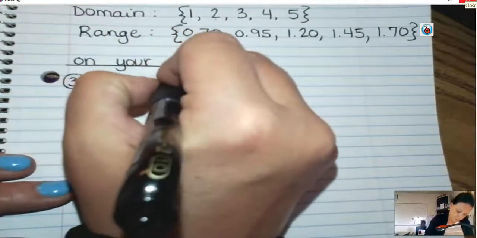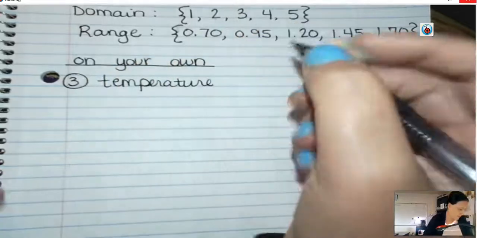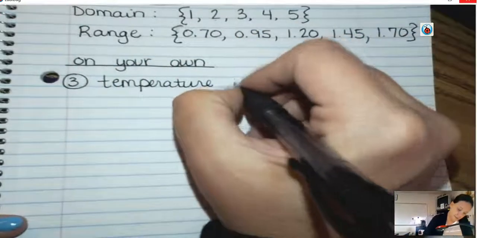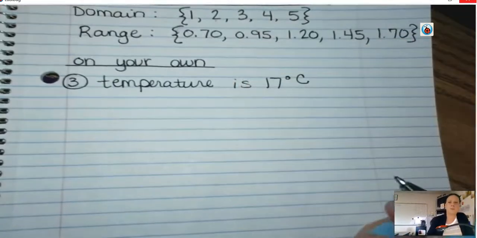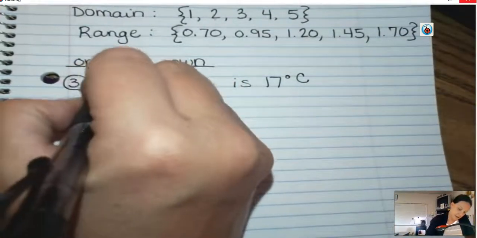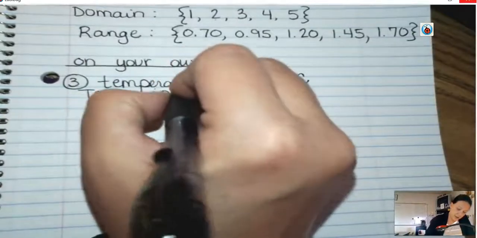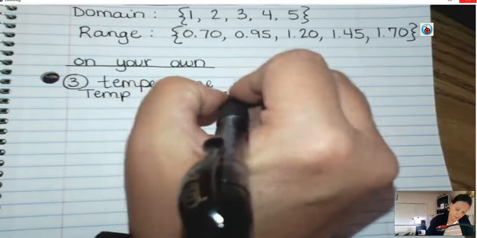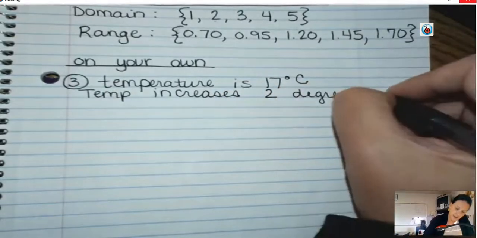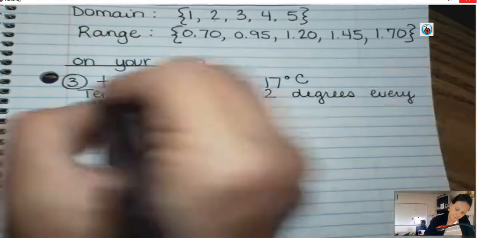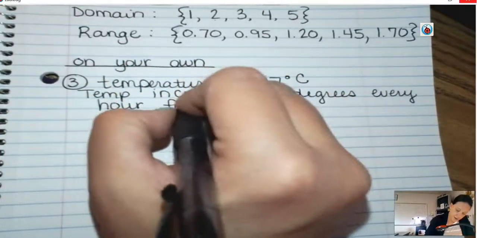Question 3. The temperature early in the morning is 17 degrees Celsius. The temperature increases 2 degrees every hour for the next 5 hours.